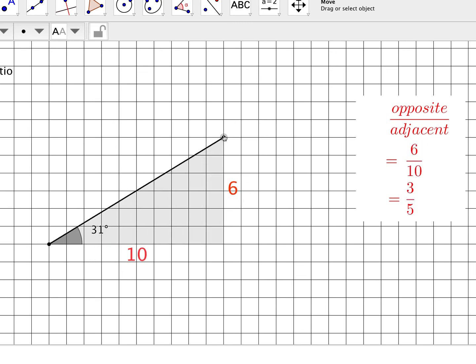So there it is, it's 31 degrees, 6 over 10, 3/5. As long as that's 31 degrees, this won't change from being 3/5. As long as I keep the ratio at 3/5, it'll keep the angle at 31 degrees. So every angle in a right angled triangle has an associated ratio opposite over adjacent. It's a unique ratio for a particular angle.